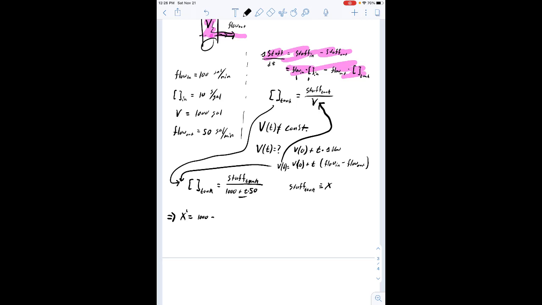So then we have the second term, which is flow out. So my flow out is going to be equal to 50 times the concentration of my tank. The concentration of my tank is just given right here. So this is going to be the stuff in my tank, which I called X, remember?